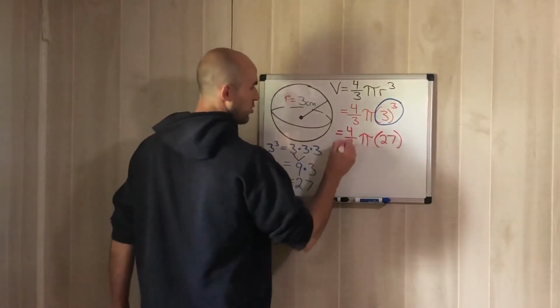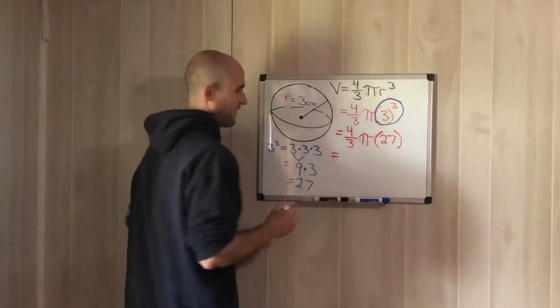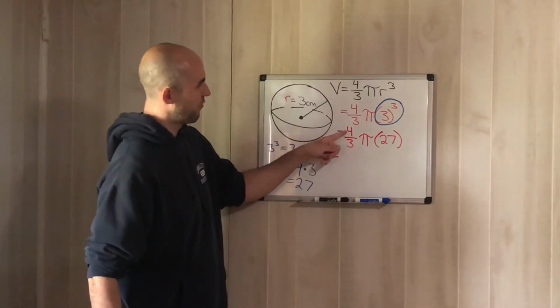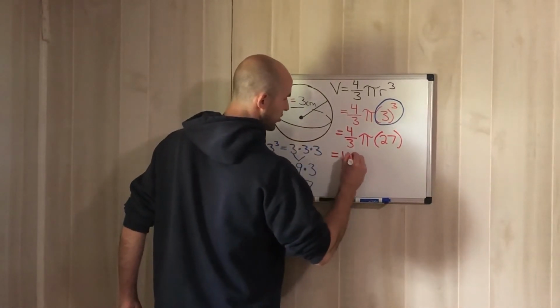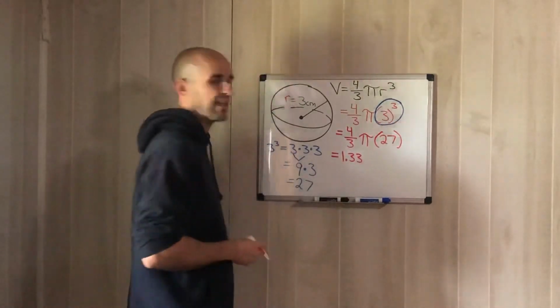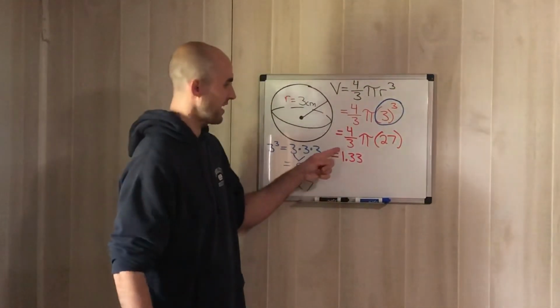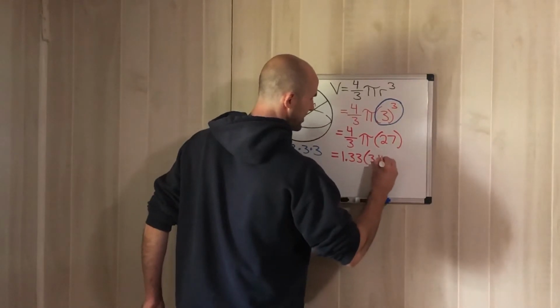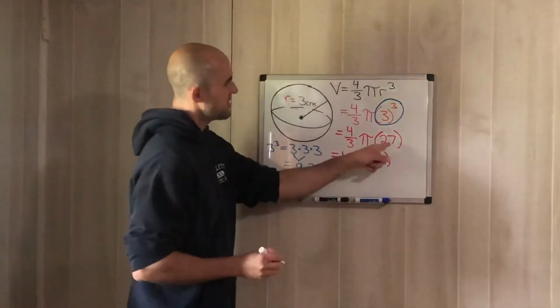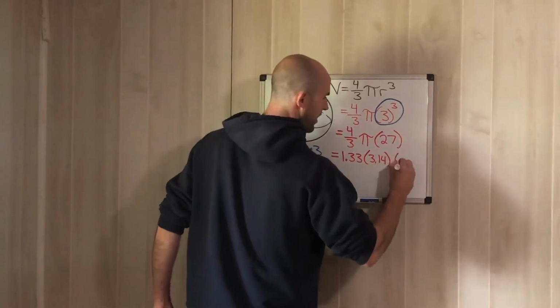So we can actually divide these to make life easier. 4 divided by 3 gives you 1.33. Again, try to use 2 decimal places to make it more accurate. Instead of using pi, we can use 3.14, and then we still have the 27.